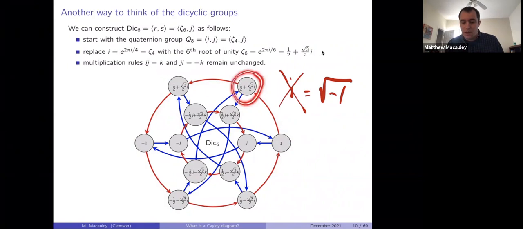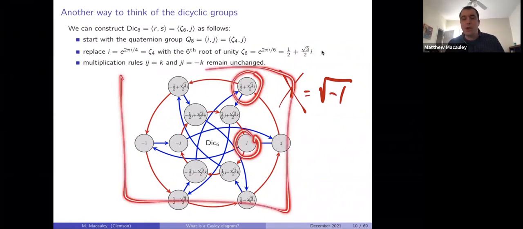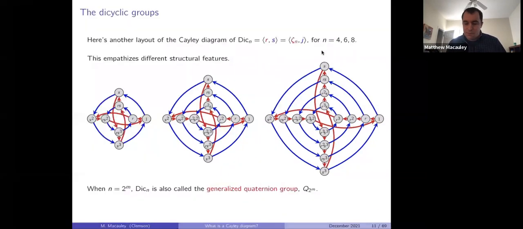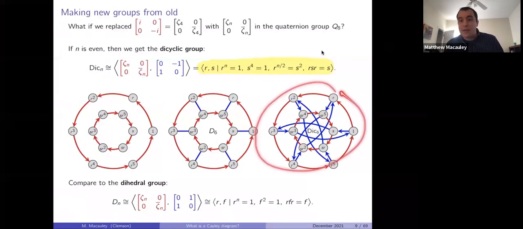So this complex number and j generate a group. This is the dicyclic group. You can do this for any even root of unity. And these groups have a lot of properties. They have an index 2 quotient, which is dihedral. One thing that I can do, so here's why Cayley diagrams are so nice.